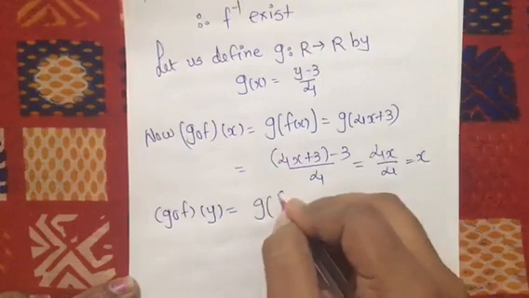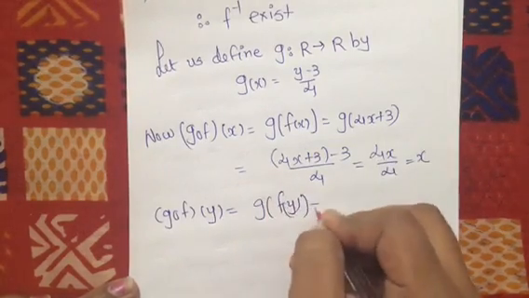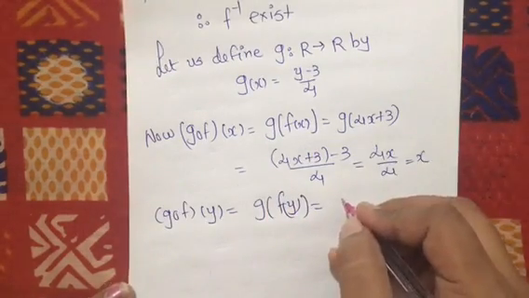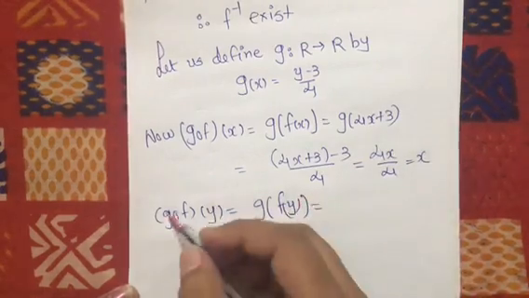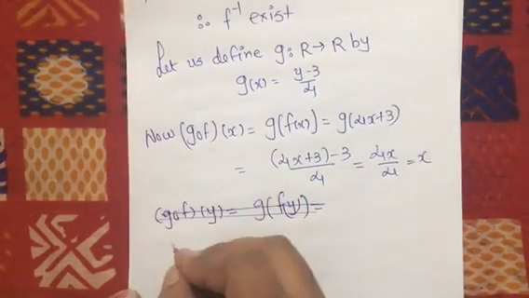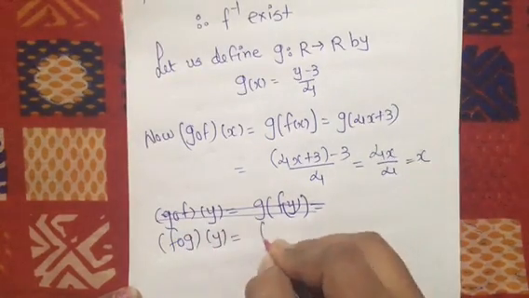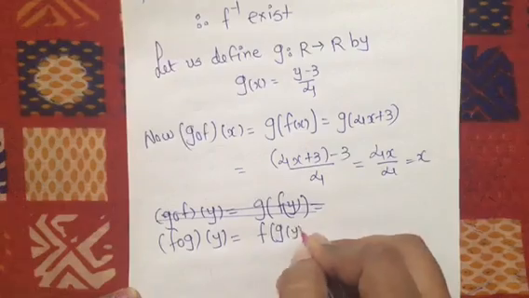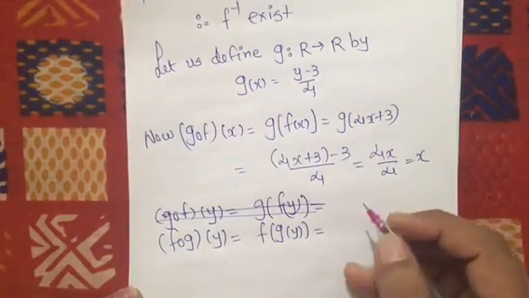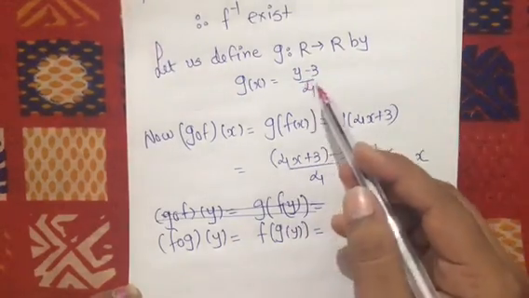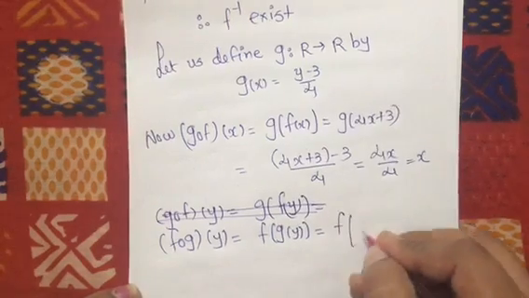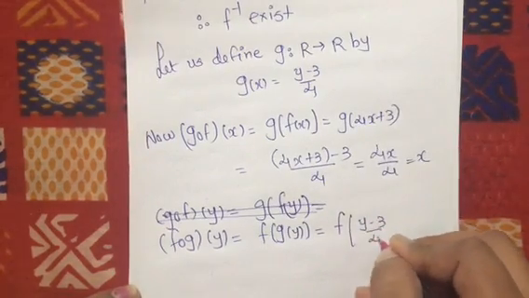Now we have to find f of g of y. So this is f of g of y. g of y is (y minus 3) divided by 4.